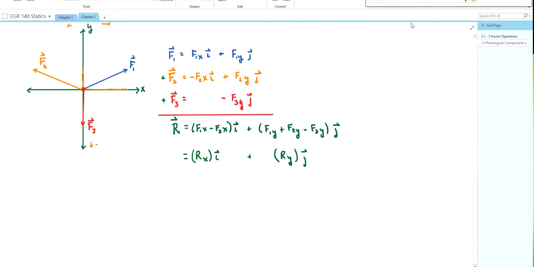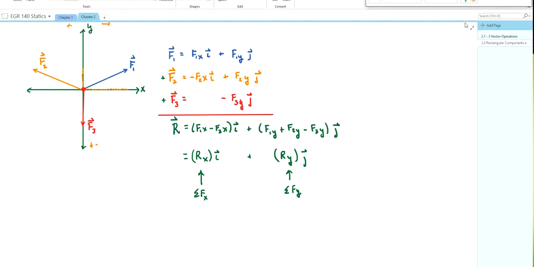This term resulted from summing the forces in the x direction, and this resulted from summing the forces in the y direction. So we have the vector.